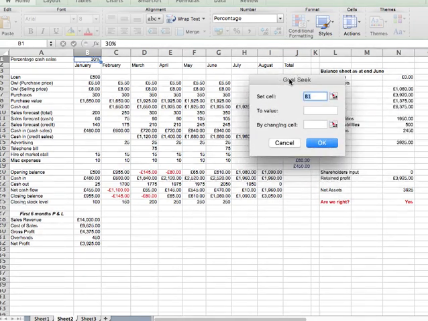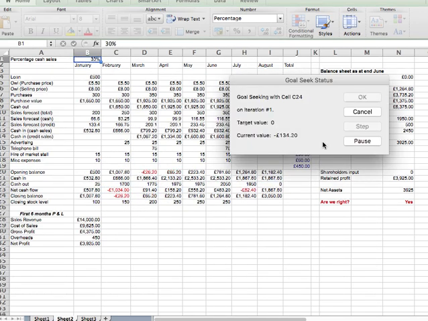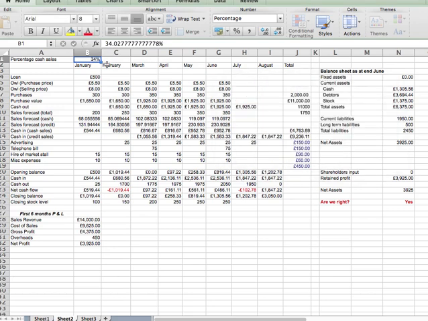There we go, GoalSeek, and I'm going to set this cell down here, that's the biggest negative one, to 0 by changing that percentage cell. So I'm going to ask it to come up with the percentage figure that makes this cell down here 0. There we go, the answer is 34%. So I'll just hit OK to confirm that.